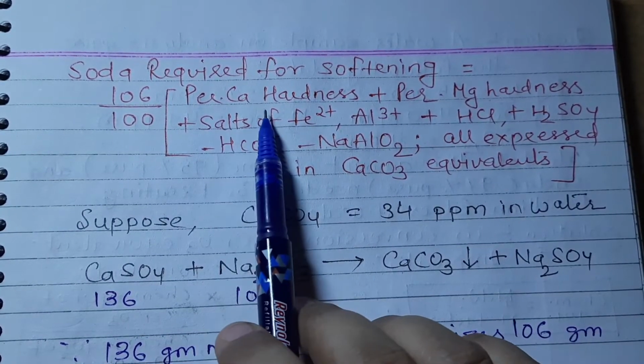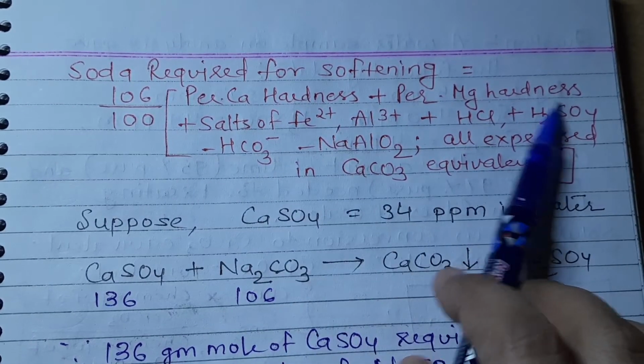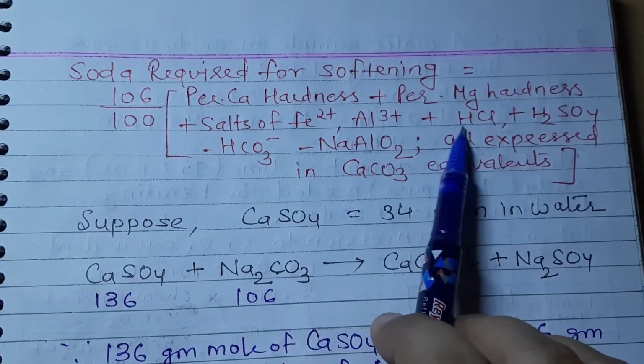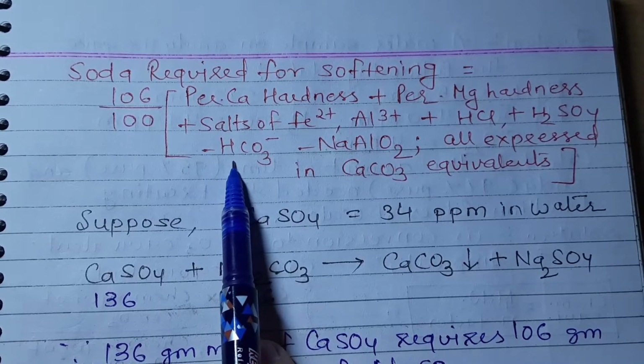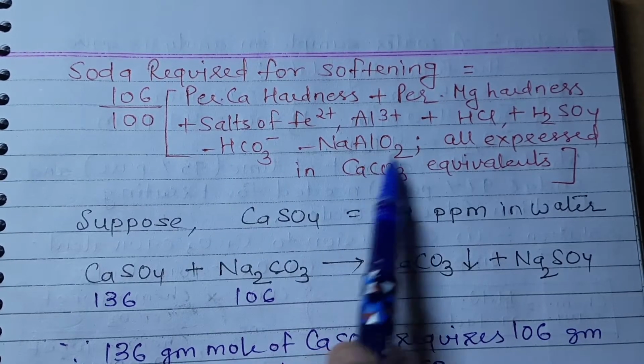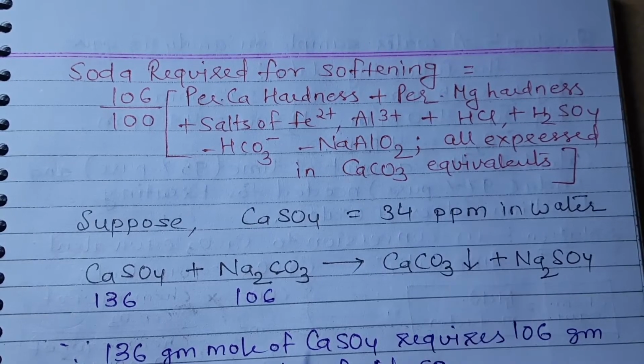So here the impurities included are permanent calcium hardness, permanent magnesium hardness, salts of Fe2+ and Al3+, HCl, H2SO4, and we subtract bicarbonate and sodium aluminate. All these quantities are actually expressed in calcium carbonate equivalent.